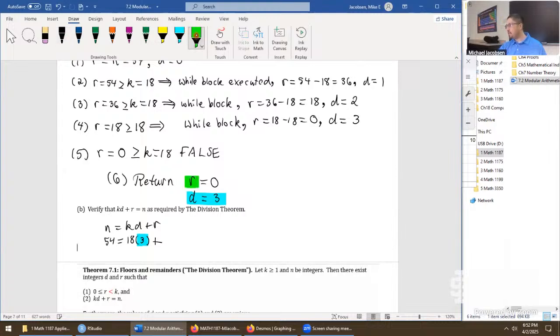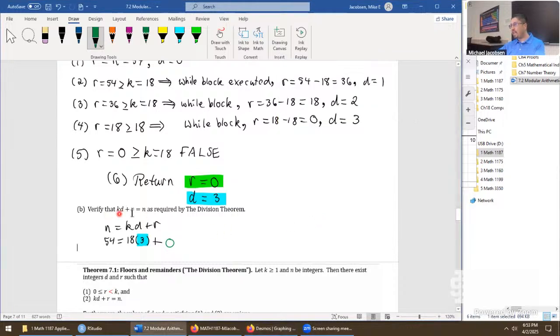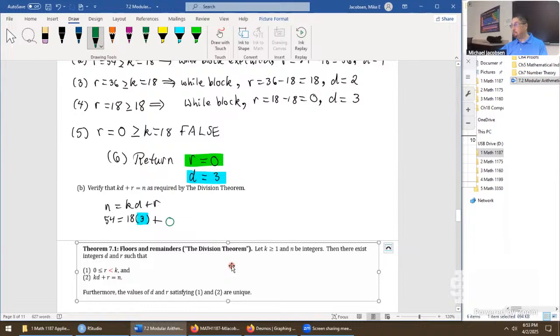Plus the remainder. That's the value of 54 mod 18. And is 18 times 3 equal to 54 is the whole boil down of this check. Yes, it is. And so we really have KD plus R holding as true, required by the division theorem.